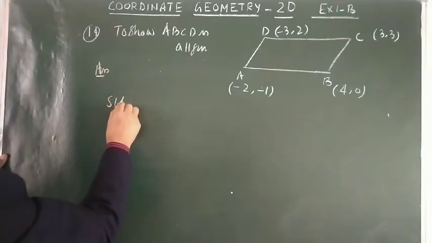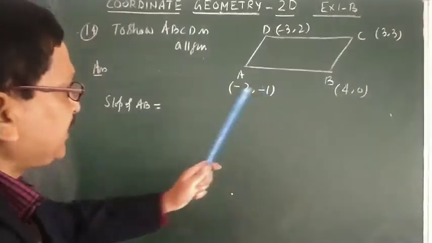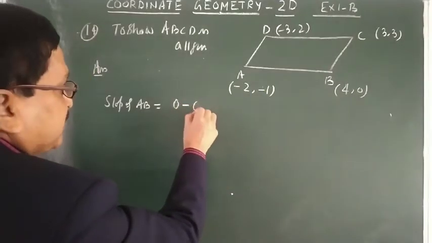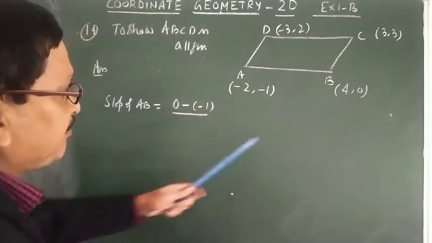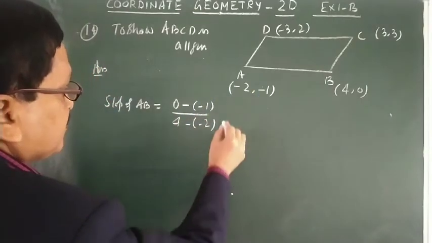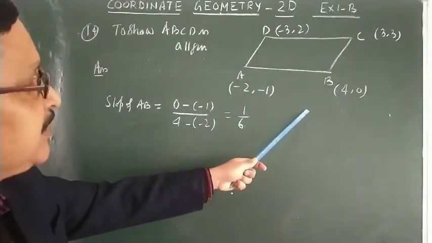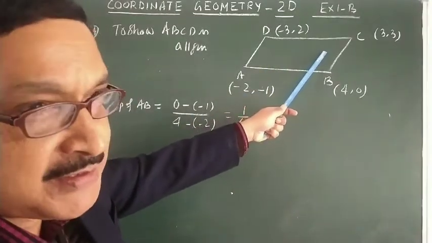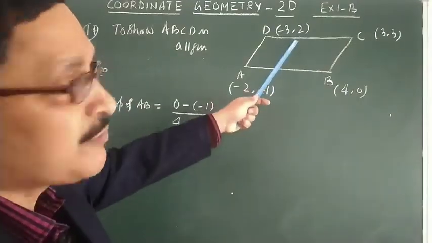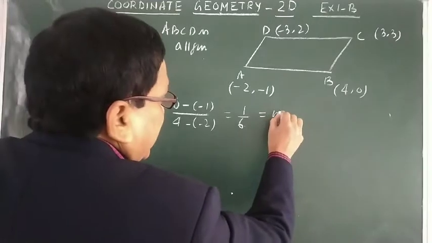Slope of AB: again y2 minus y1, 0 minus minus 1, by 4 minus minus 2. So this is 1 by 6. Slope of AB is 1 by 6. If the slope of CD is also 1 by 6, then the lines will be parallel. Let this be M1.